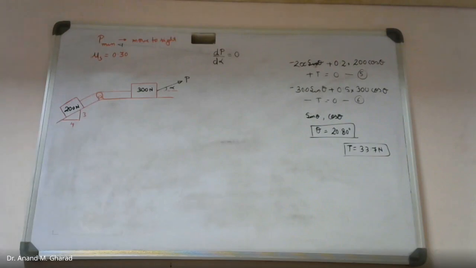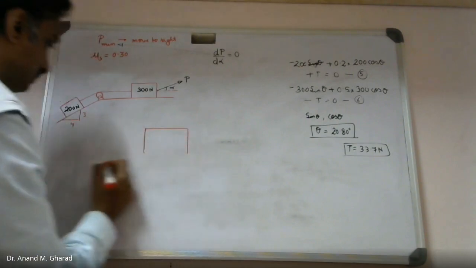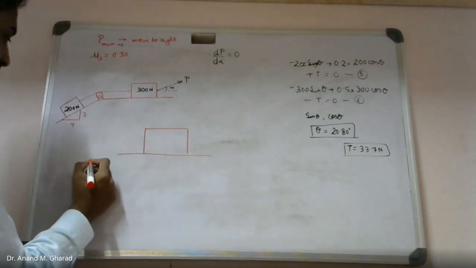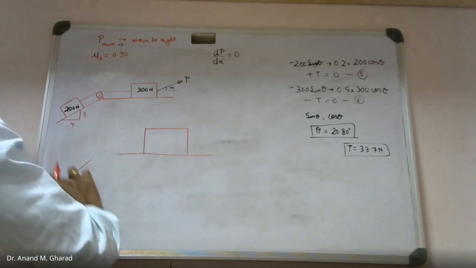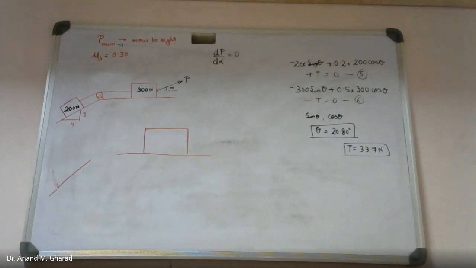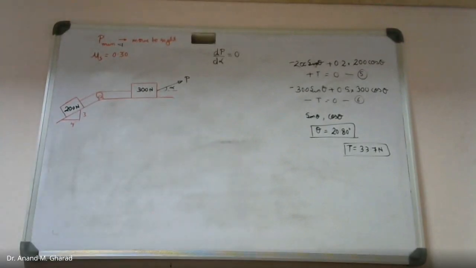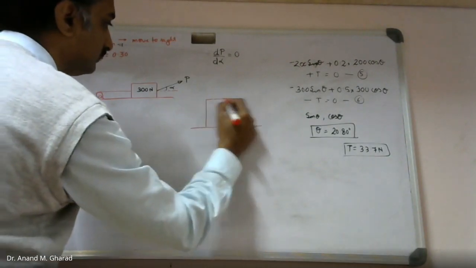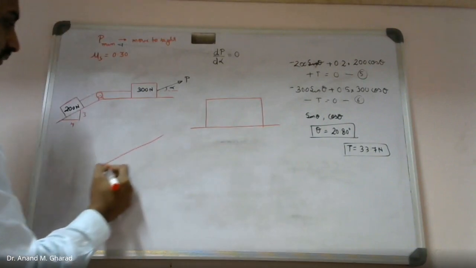Very quickly I will draw the free body diagram. Later on you can solve it. So the free body diagrams shall consist of these things. This one, this one.